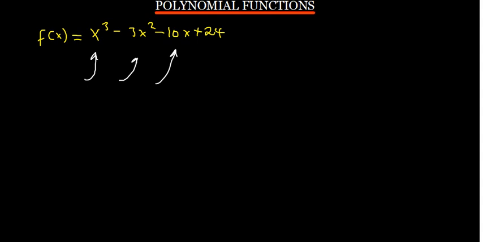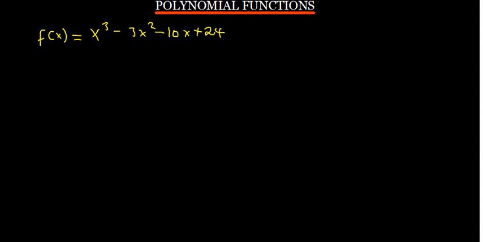So we are going to have 1 minus 3 minus 10 plus 24. Now let me ask, does that give us a 0? It doesn't give us a 0, meaning that 1 is not a root.